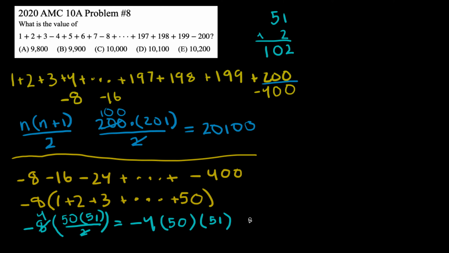So we're left with negative 10,200, because we had to add the 2 zeros on.